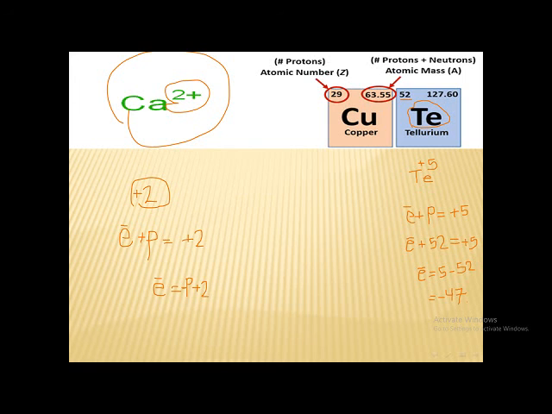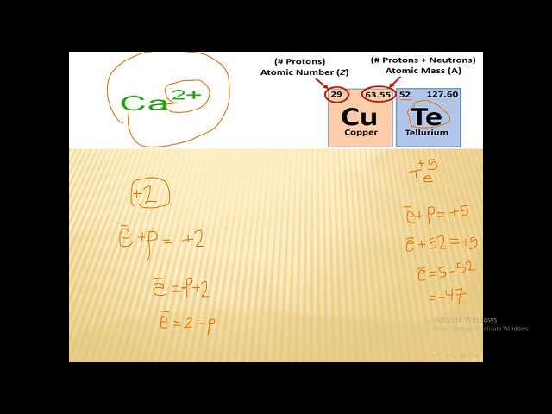Okay, so we can write it like this. The number of electrons is less than protons, 2 minus p. That means the number of electrons here is less than the number of protons by 2. Why? Because any number we add here for protons, the electrons will be less by 2.